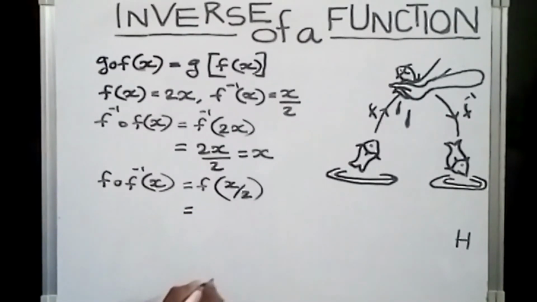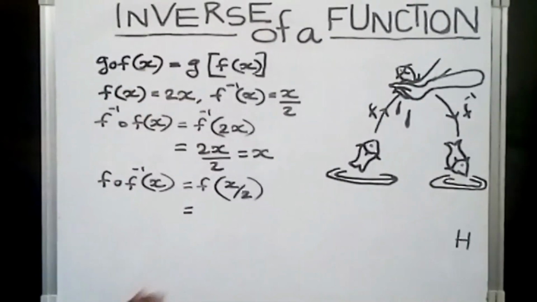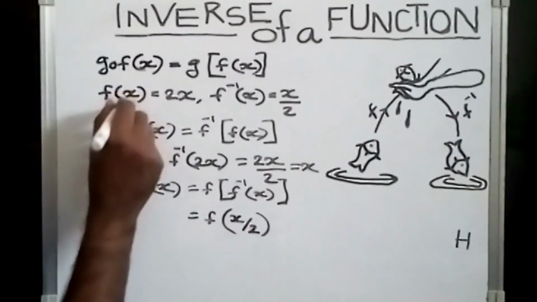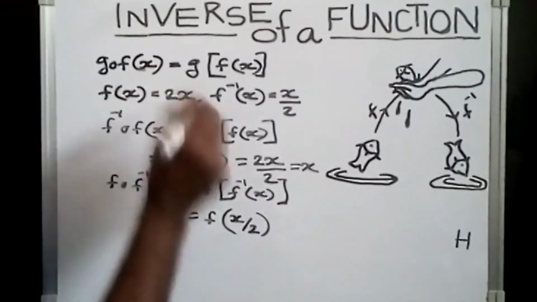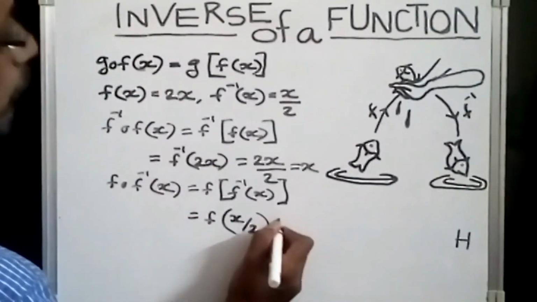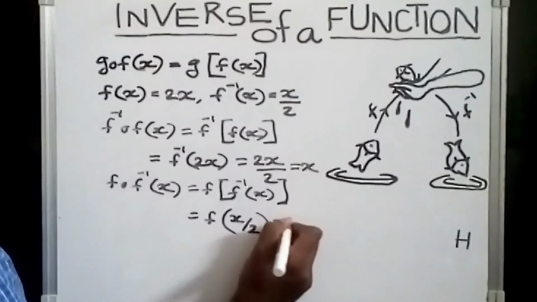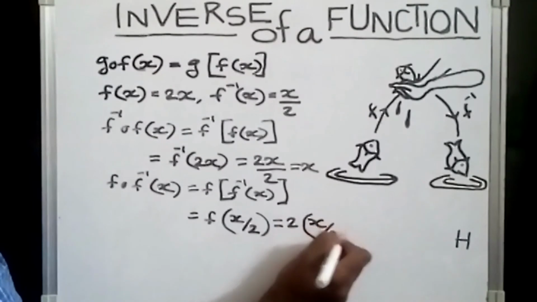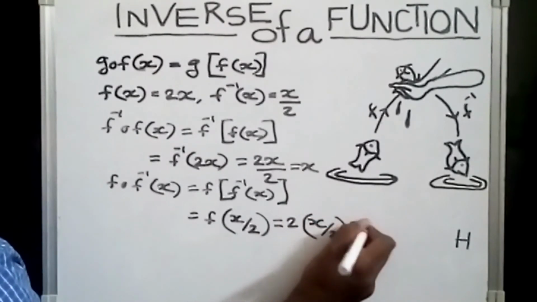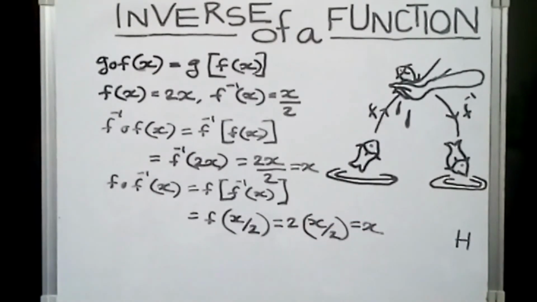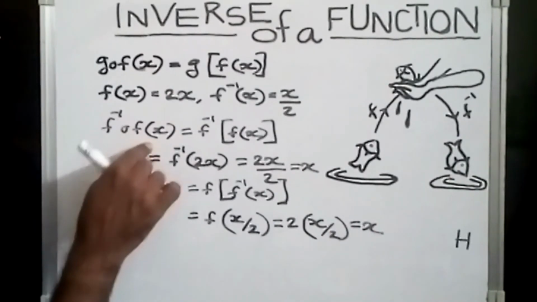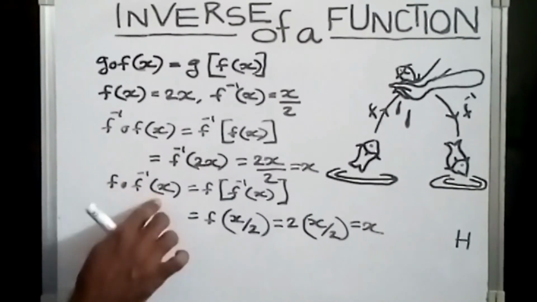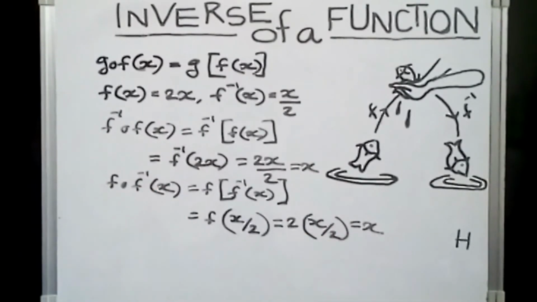We have f of x equal to 2x, doubling. Therefore, f of x by 2 equals 2 into x by 2, which equals x. Thus, we have the result that f inverse of f of x equals x, that is the identity function, and f of f inverse of x equals x.